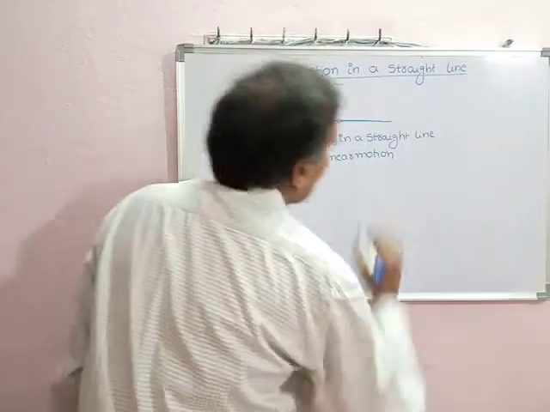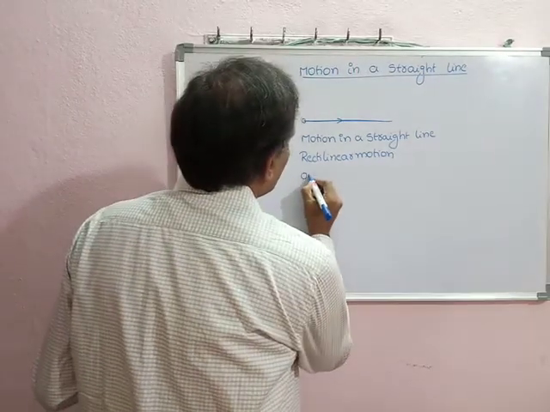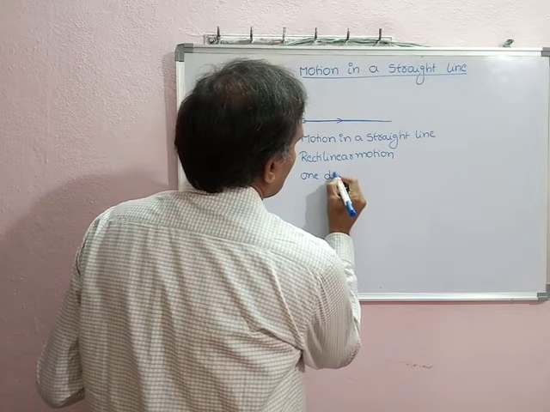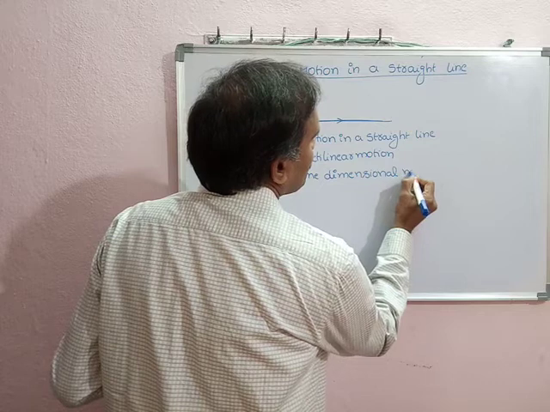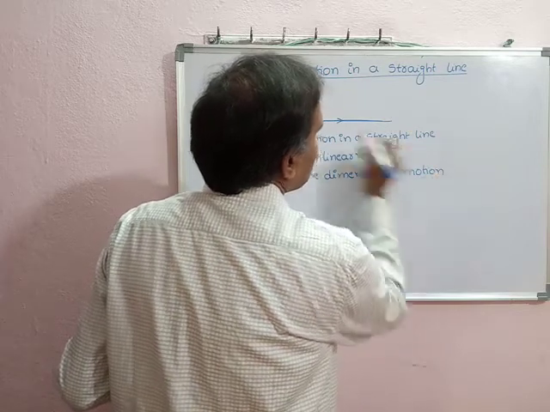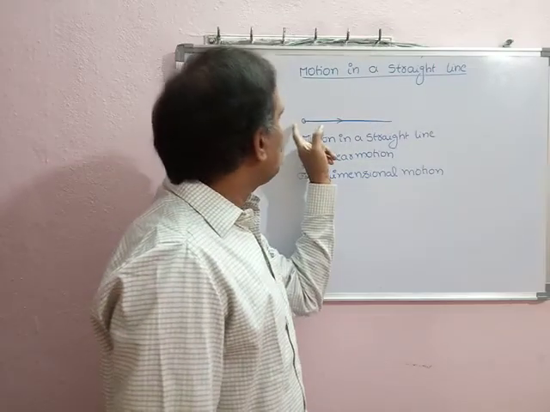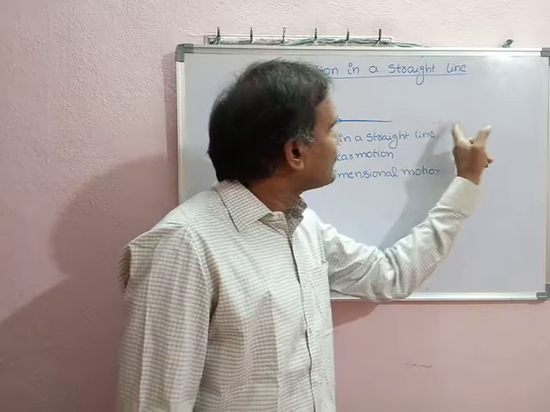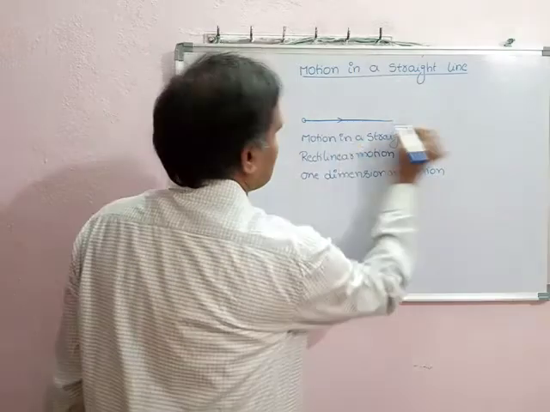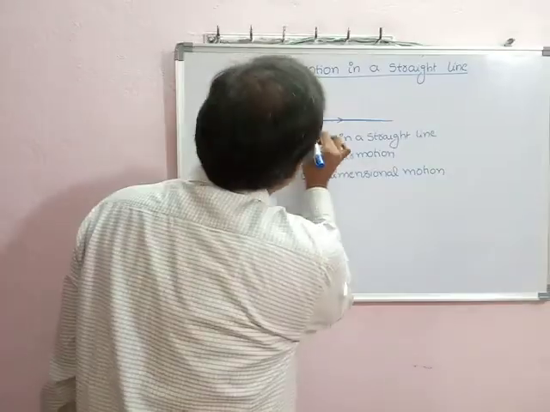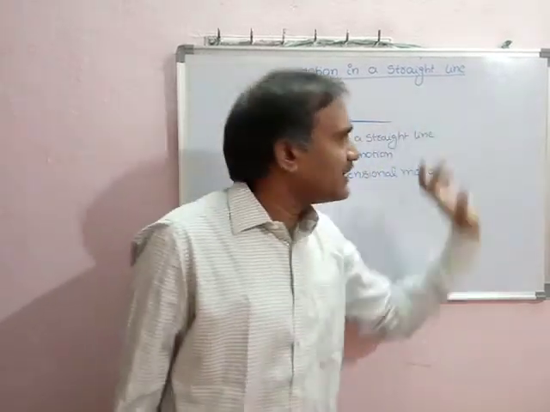This motion is also called one-dimensional motion. Since the particle is moving along the same straight line, I am assuming that it is the x-axis of the Cartesian coordinate system, or if you consider it the y-axis, or the z-axis.